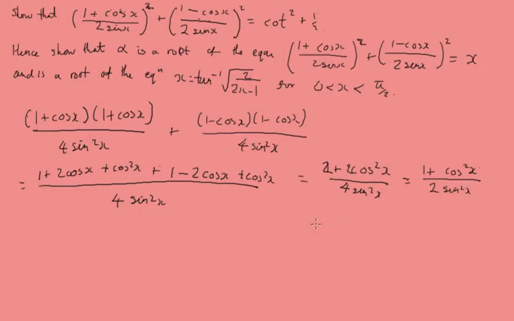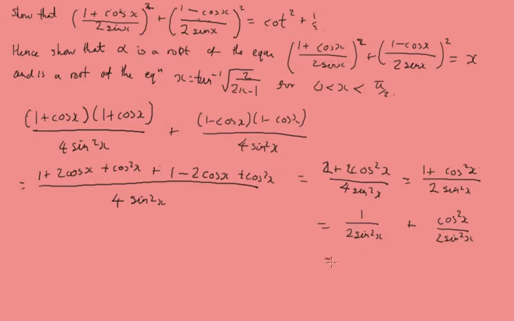Now let's rewrite this as 1 over 2 sine squared x plus cos squared x over 2 sine squared x.